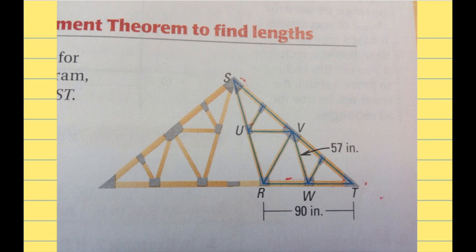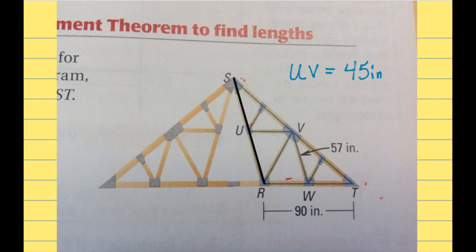So UV, being this midsegment, is parallel to RT and exactly half its length. So if RT is 90 inches, what is the length of UV? Got to be 45 inches because it's got to be half of that 90. Now, they want us to find the length of RS, which is from this point to here.